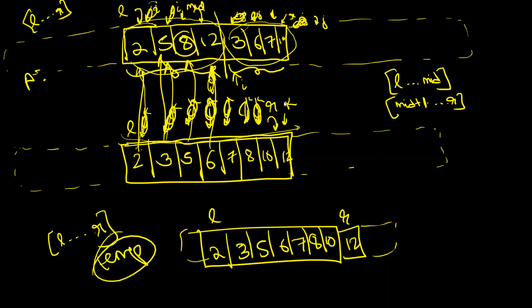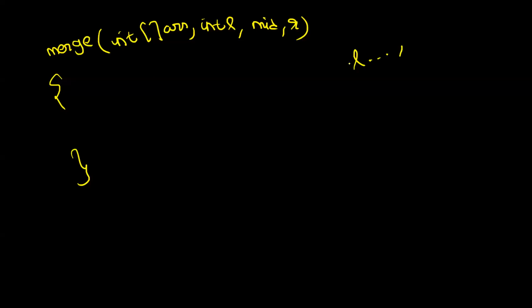Does everyone agree? So if I write a magical function, merge, and I pass this original array ARR, and I say L, mid and R, then can you expect that after this magical function, from index number L to R of ARR will become sorted?